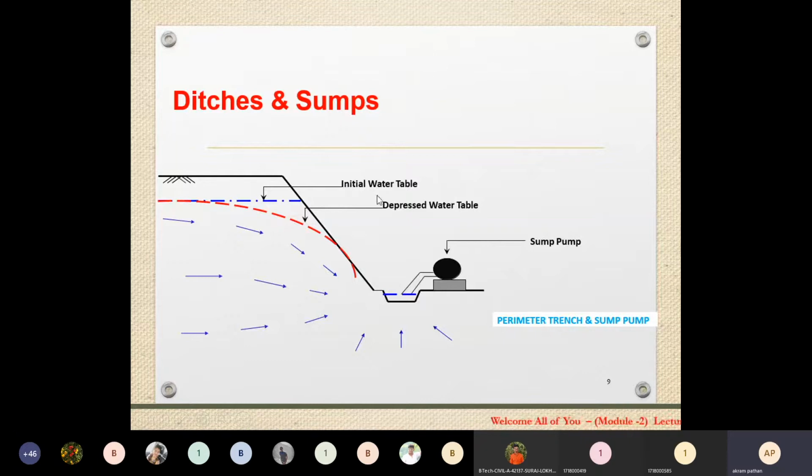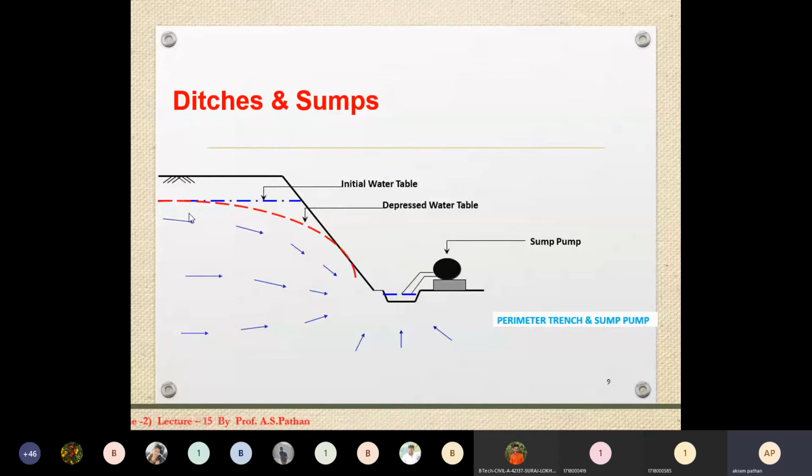What do we have to do in this? We require a pump setup, and this is a point where maximum discharge will come. This is the nearby area of these particular trenches. This is groundwater, and this is the depth of the trenches. Initially this is the water table inside this particular ditch and sump.